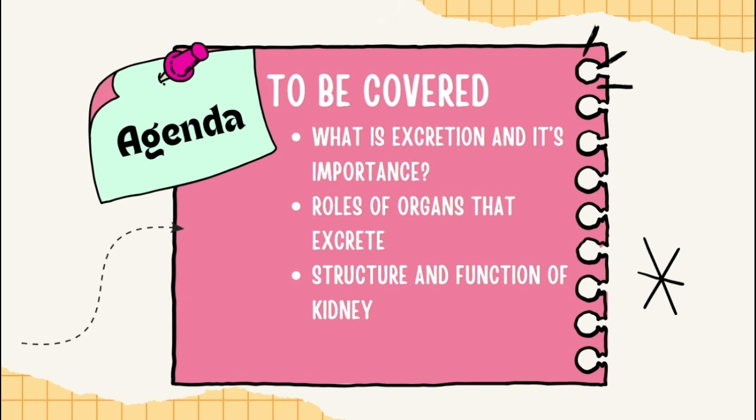We talk about what is excretion and its importance, and the roles of the organs that excrete substances in the body. Don't mix up secrete and excrete. When something excretes, we're talking about waste, something we're trying to get rid of. The word secrete works more when you talk about hormones or things that actually serve a function in the body.